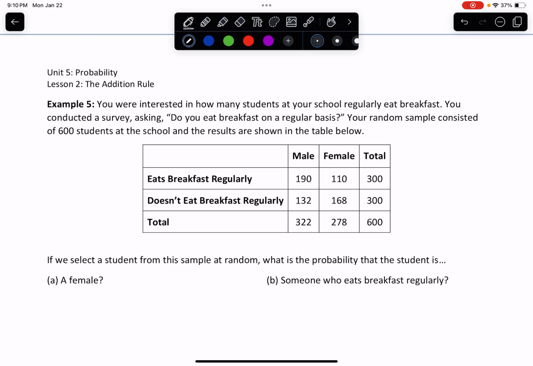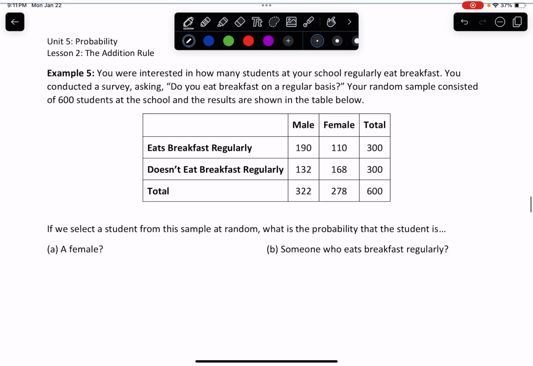And you broke down the data between male and female students. So if we select any student at random from the sample, what's the probability that the student is a female? So the probability of female, there were 278 females surveyed out of 600. So that's 0.463.